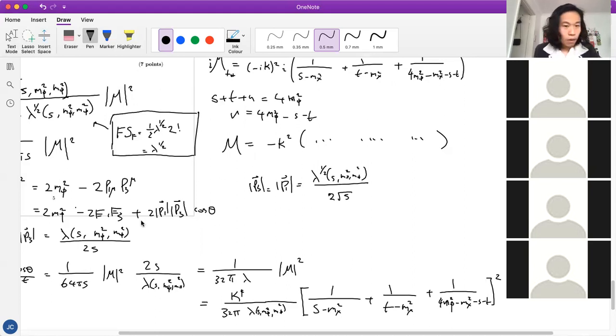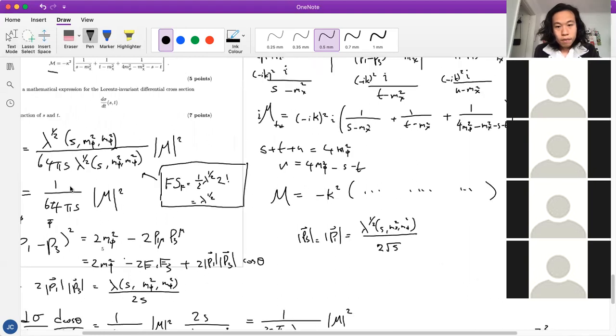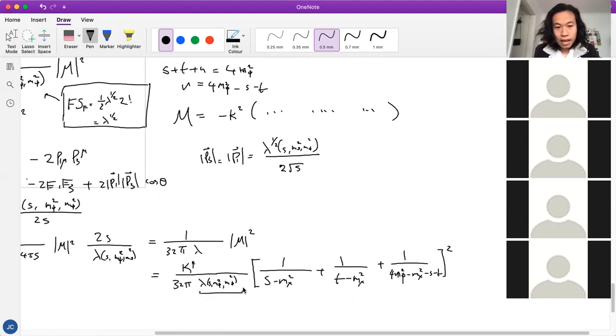Okay, so I want to get everything in terms of s and t. Looking pretty good so far. So the only thing left is this Källén function.